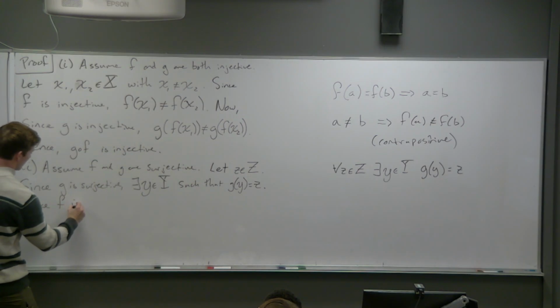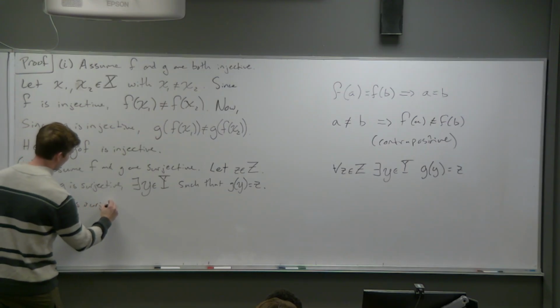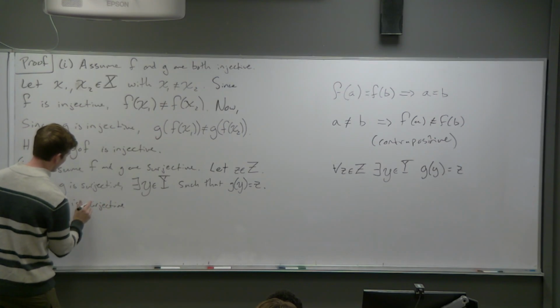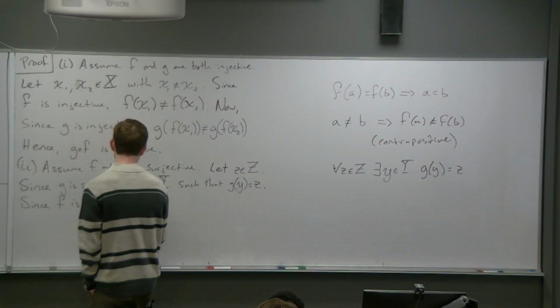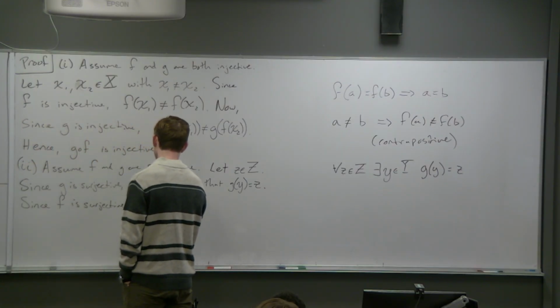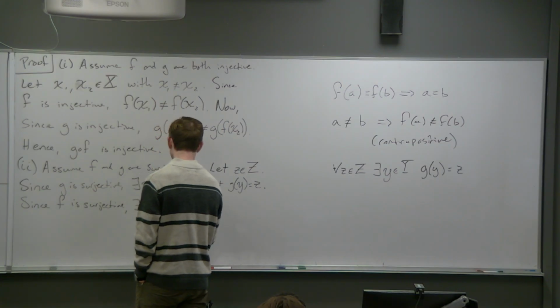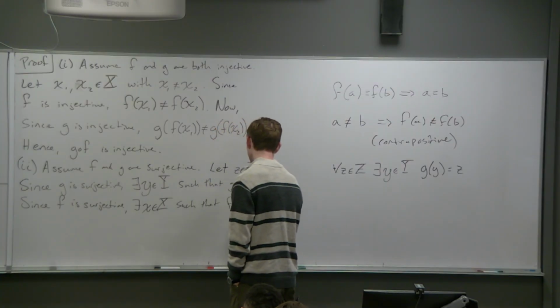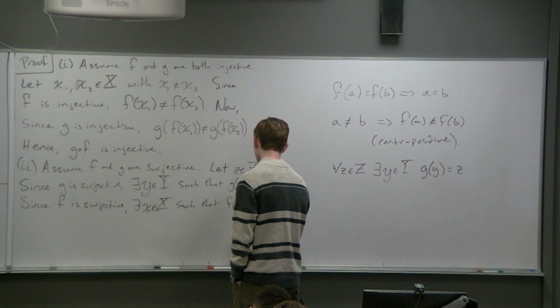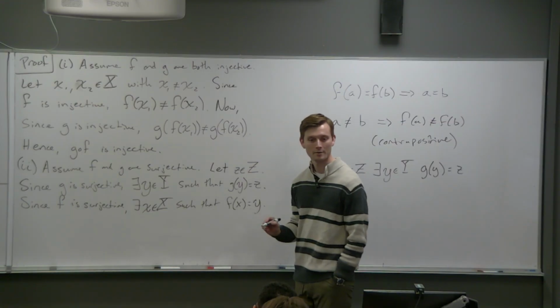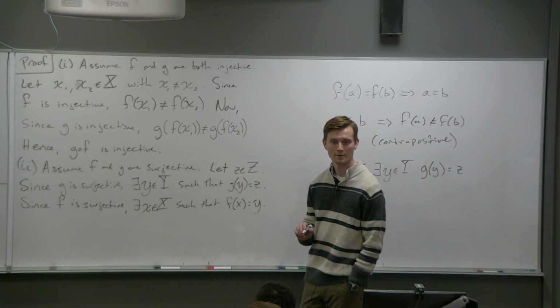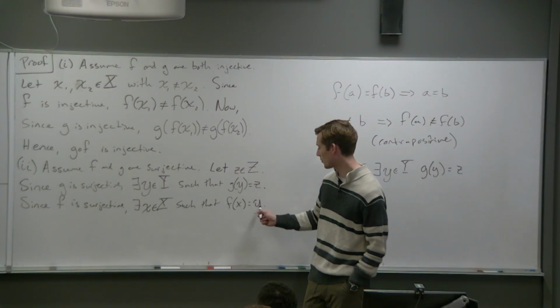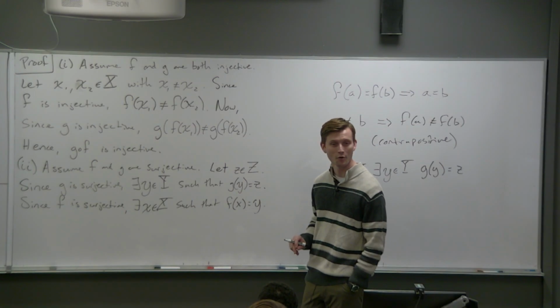Since f is surjective, there exists an x in big X such that f of x is equal to y. You agree with that? Where this y is the same y from the line before, yeah? Okay.